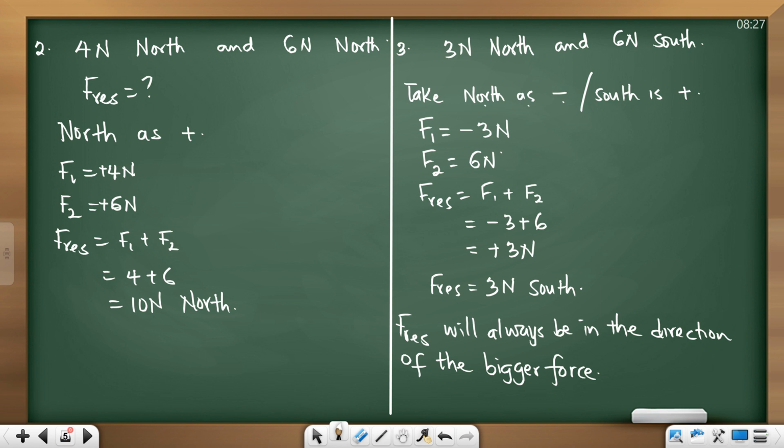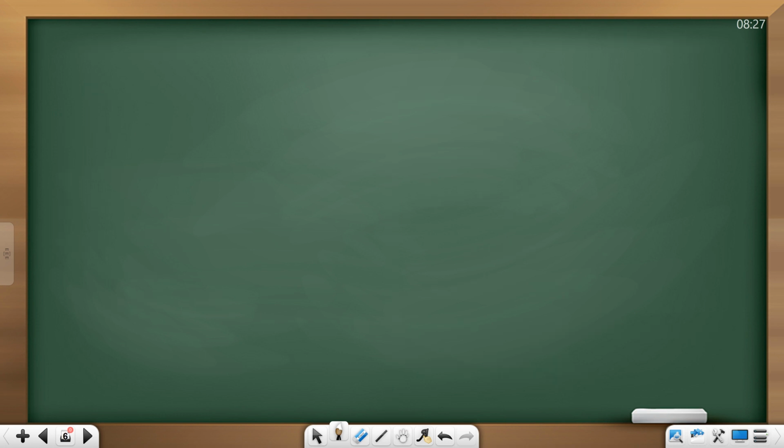All right, let's move on quickly, guys. In grade 10, we did something called tail to tail and tail to head, where you join vectors. Do you remember that? Okay, let's look at an example.